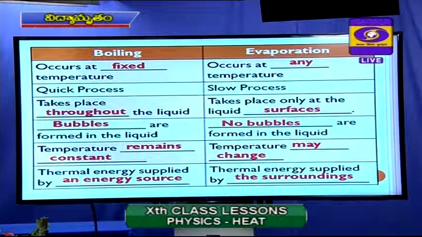In boiling the temperature remains constant. In evaporation temperature may change. Likewise you have to see here in boiling there will be bubbles, the water will evaporate in the form of bubbles, it will go up, no? While in evaporation there will be no bubbles.